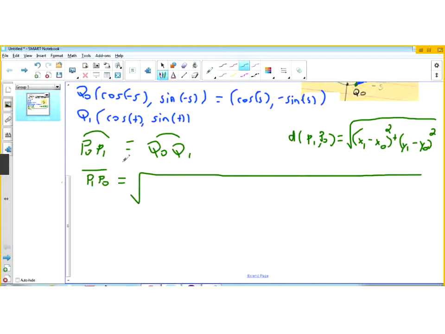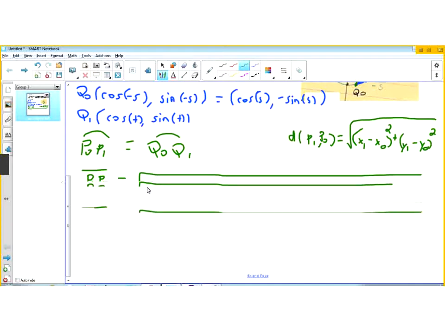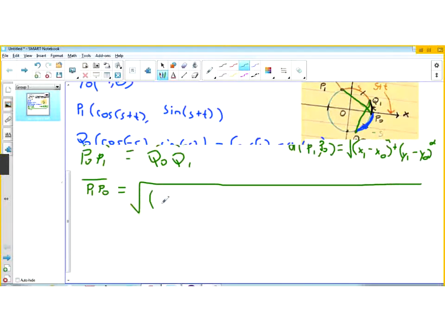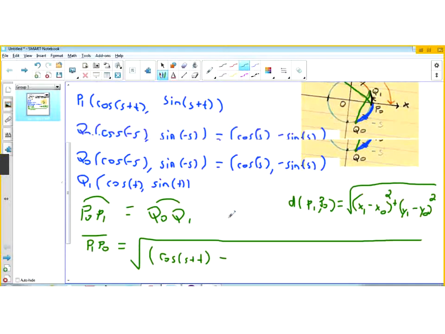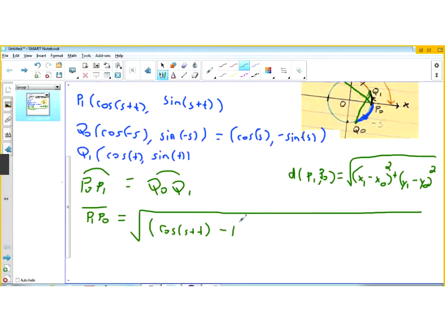So we know that the abscissa of P1 is cosine of s plus t. So we'll write cosine of s plus t. And we know the abscissa of P naught is just 1.